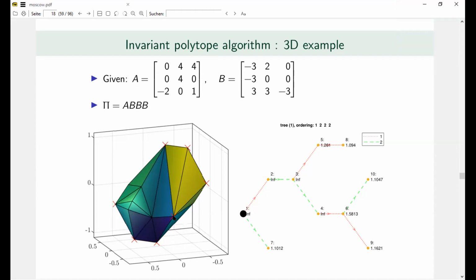Yes, thank you. But as far as I can see, first of all, the vertices are not distributed uniformly on a sphere. If we project them onto the sphere, they are not uniform. And is it correct that the invariant polytope doesn't look like an ellipsoid?